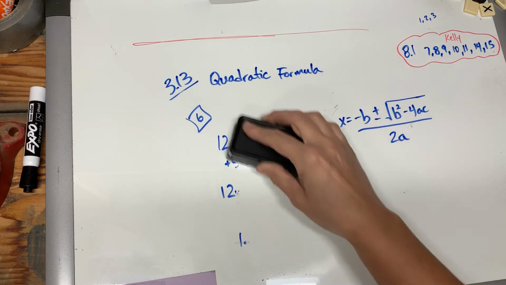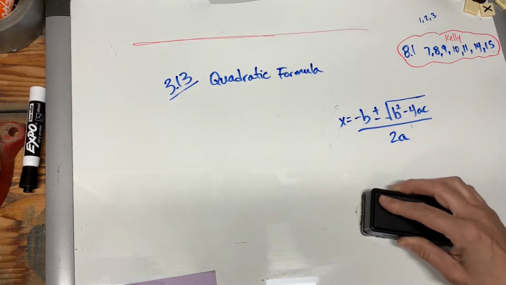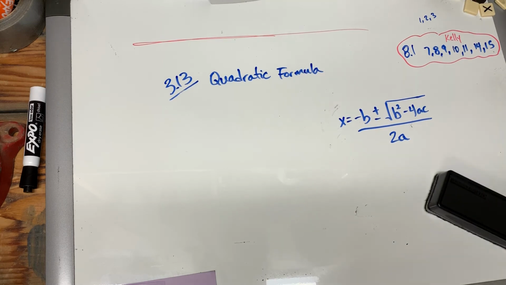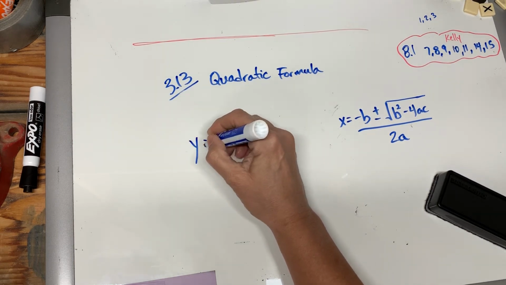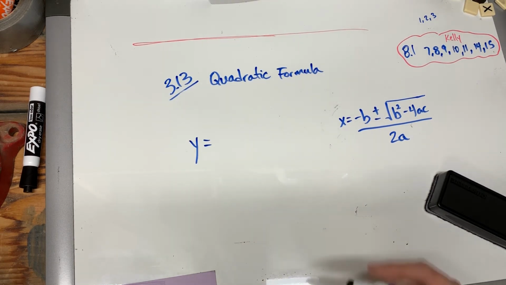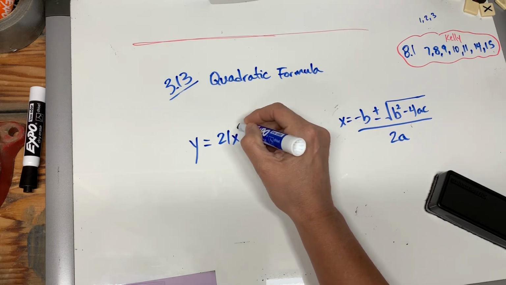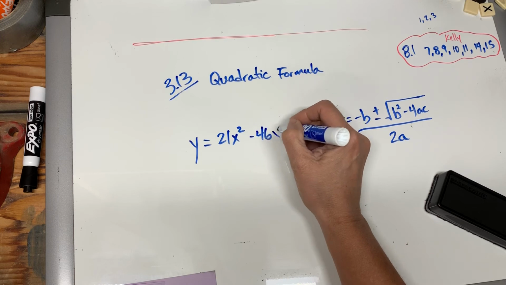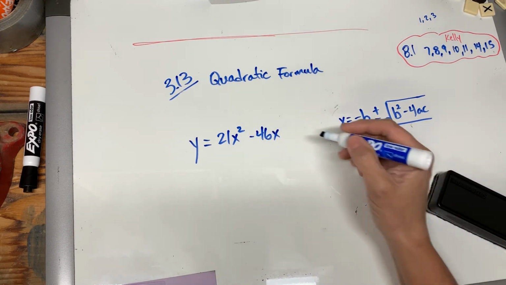Question 7, you will also need to move 2 of your terms over so that you have a 0 on one side, just like we did on the last couple questions. And then question 8 and also question 9, they just give you a slightly different set of instructions, but it's the same thing. So I've got y equals 21x squared minus 46x plus 24.